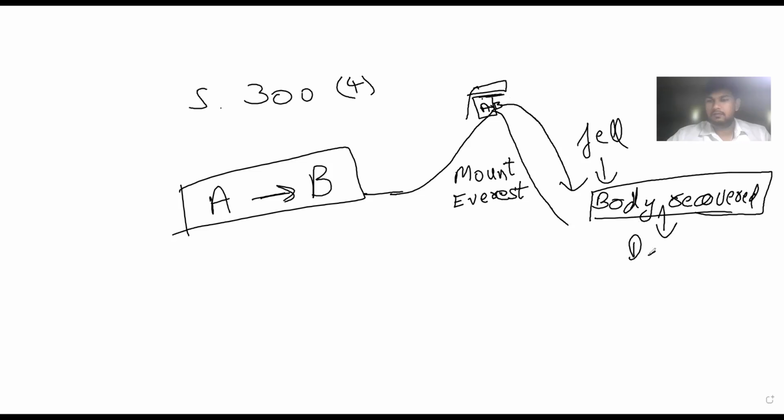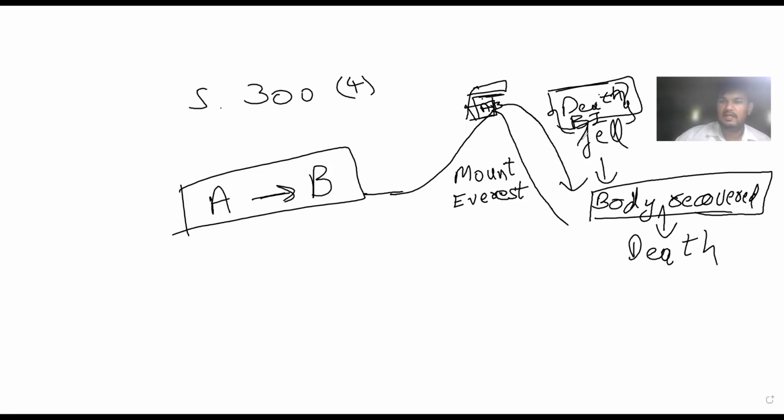Now A here knew that his act is so eminently dangerous that in all probability, pushing someone off the cliff, obviously it is a dangerous act, right? It will, in all probability, either cause death or cause bodily injury as is likely to cause death, right?